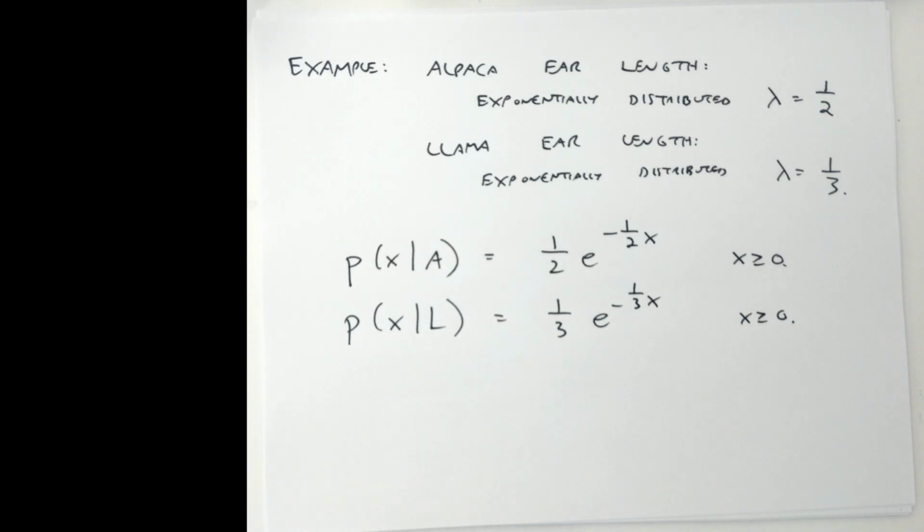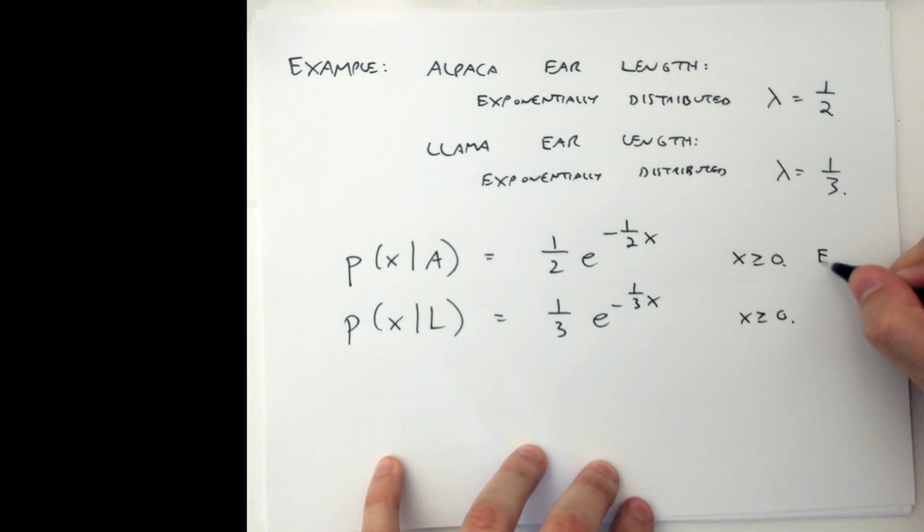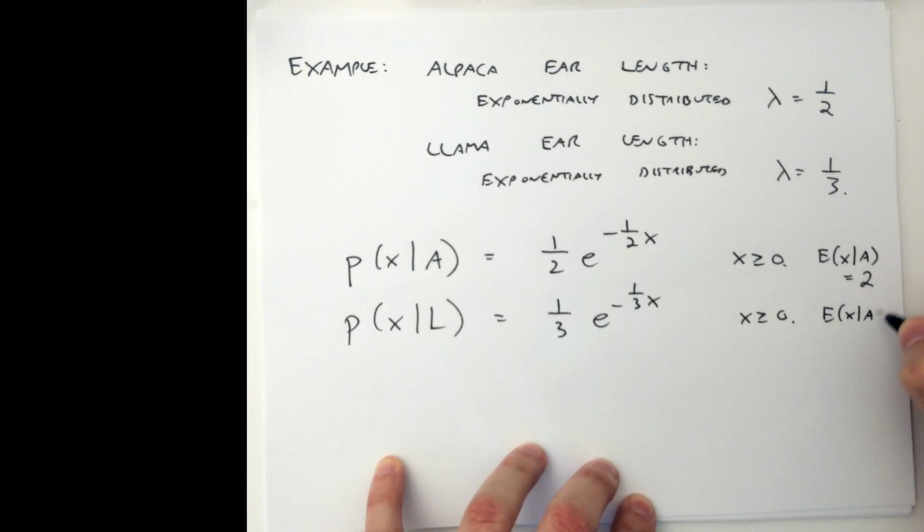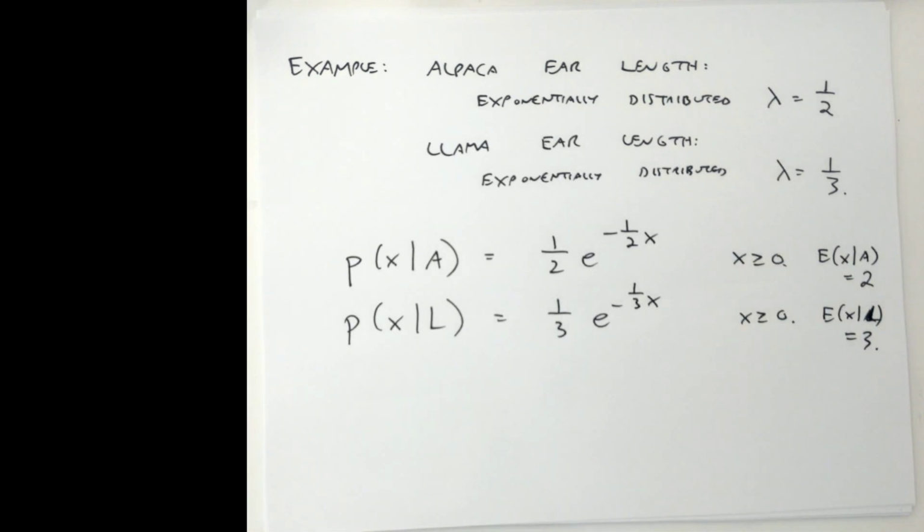Okay. And one thing to remember from probability is that the expected value of the exponential distribution is 1 over lambda, right? So here, this is like saying the expected value of x under A is 2, and the expected value of x under L is 3, right? So llamas on the average have longer ears than alpacas, okay?